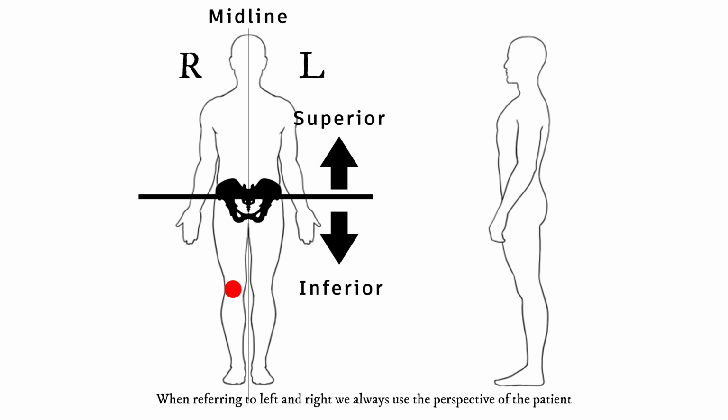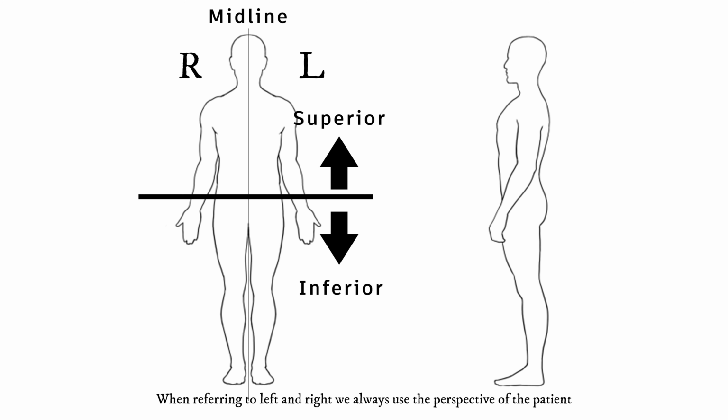So that's how you indicate a position above or below, let's say, the belly button. Saying that a knee injury is below the head is of course pretty stupid. However, if you have a facial laceration, you're cut in the face and you have to explain where that cut is. You could say the cut is on the left-hand side and it's inferior to the nose. So it's below the nose. That's how that works, okay?